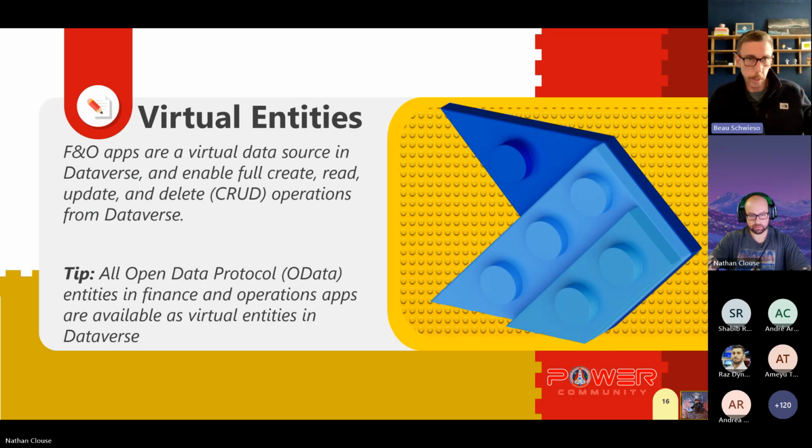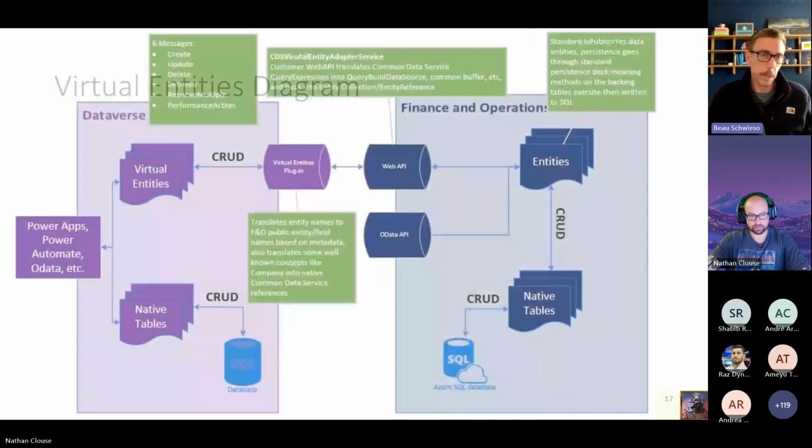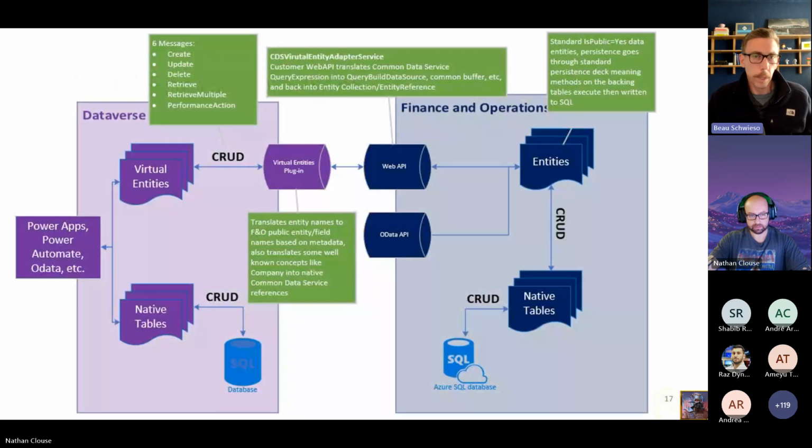So when you're thinking about a third-party application needing to connect to our data, they're going to do that typically through virtual entities. And I believe somebody talked ad nauseum for about an hour on OData and virtual entities, so I won't go on that much more. Next slide. Yeah, we can go ahead and skip that.